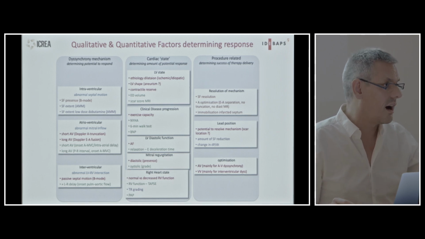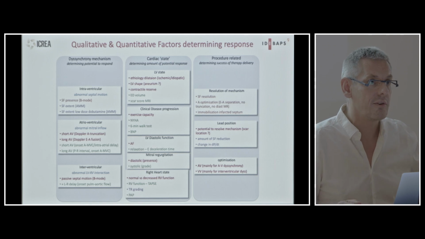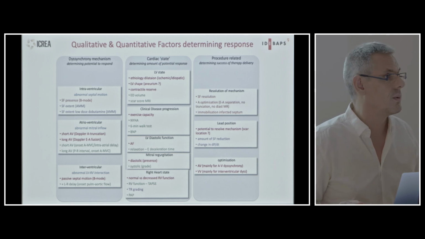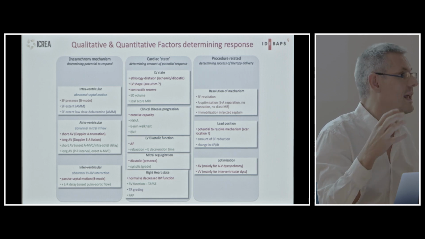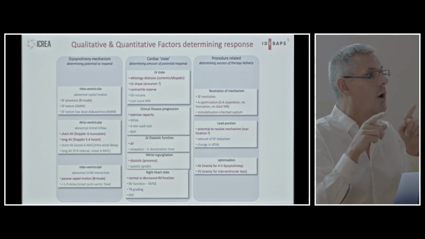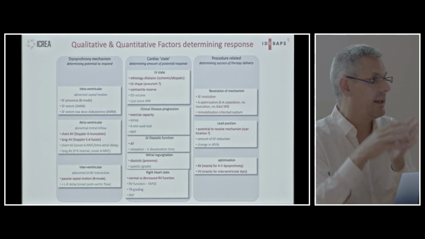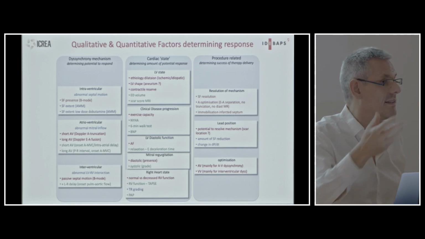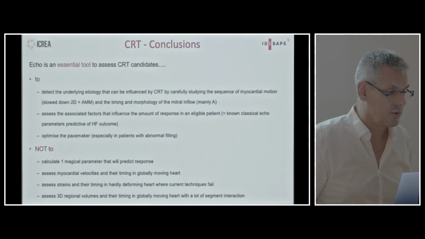If there's a lot of scar, there will be less response. If there's pulmonary hypertension and bad right ventricular function, probably this patient will respond much less. Is there an underlying tissue problem? Probably they will respond less. But this has nothing to do with whether they will respond, but more how much they will respond. And then, of course, lastly, is there a technical problem in placing it? Then, of course, there might be a problem too.